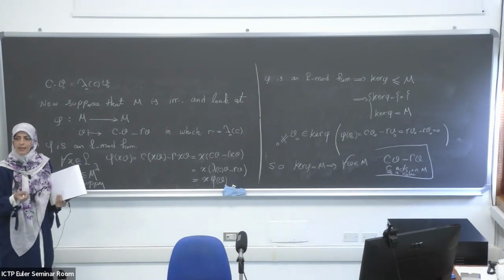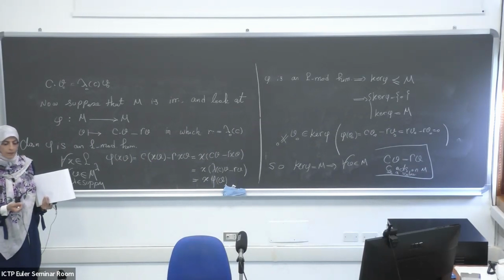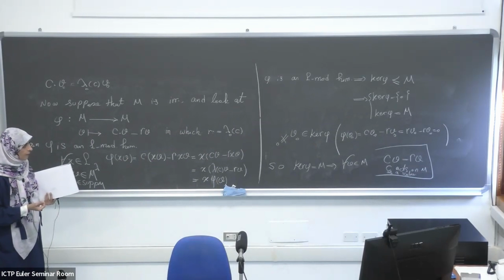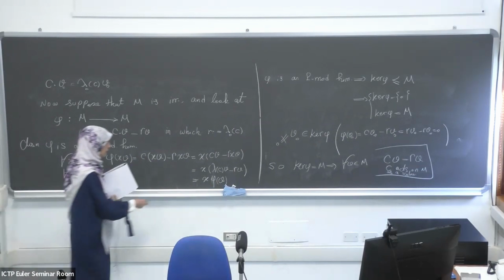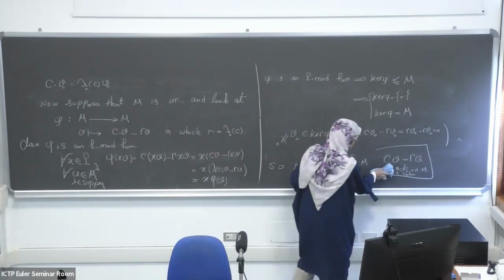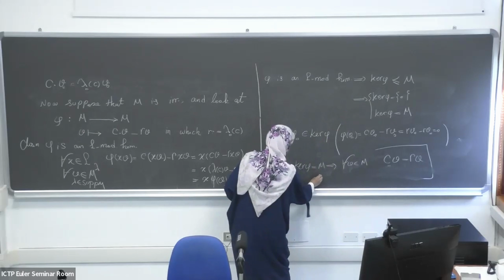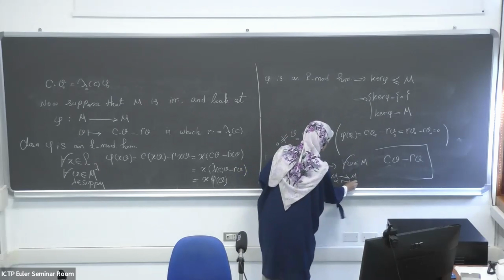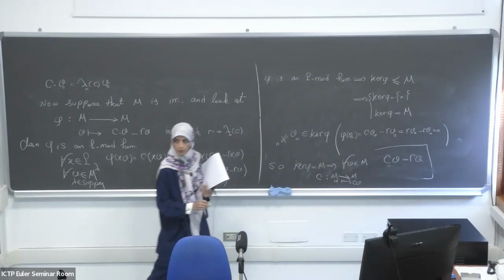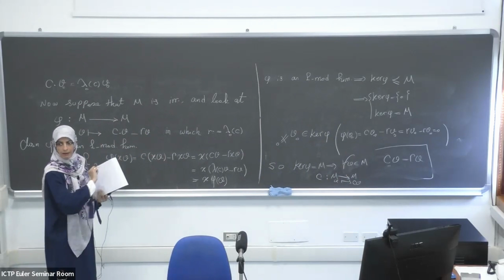And this scalar is called the level of M. So kernel of phi equals M implies CV equals RV. Let me write one more time: C acts on M in this way, maps V to CV. Right? And so this C acts as a scalar.